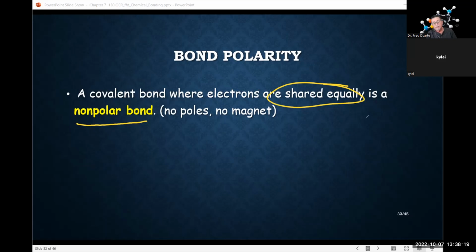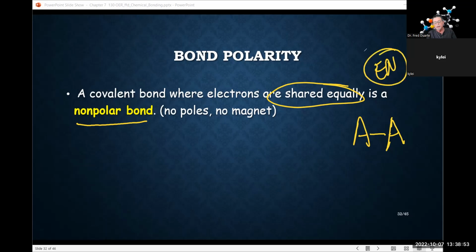Nonpolar bond. And the best way to demonstrate that is using the generic symbols, the letter A, which is a nonmetal, and A, which is the same nonmetal. And that line represents the bond between A and A. A good example of this would be all the diatomics like hydrogen, bromine, etc. Both A and A being the same, they have the same electronegativity, which we talked about way back when.